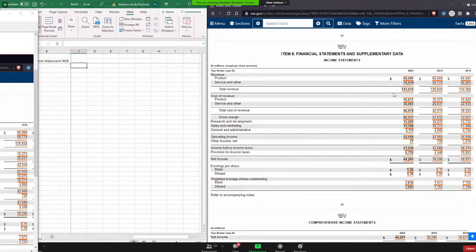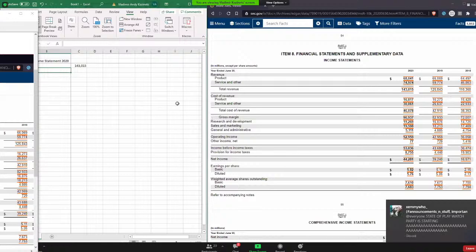Their total revenue for 2020 was, make sure you guys look over here, it's in millions, 143.15. I'm going to put all the stuff here on the side first. So first comes the revenue, then comes the cost of revenue under that.